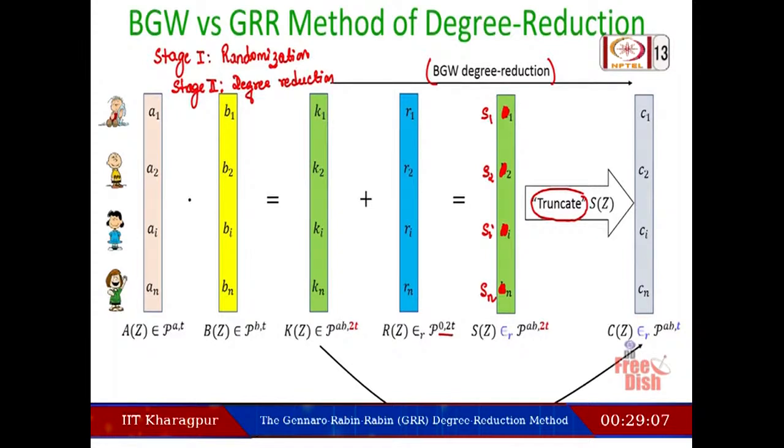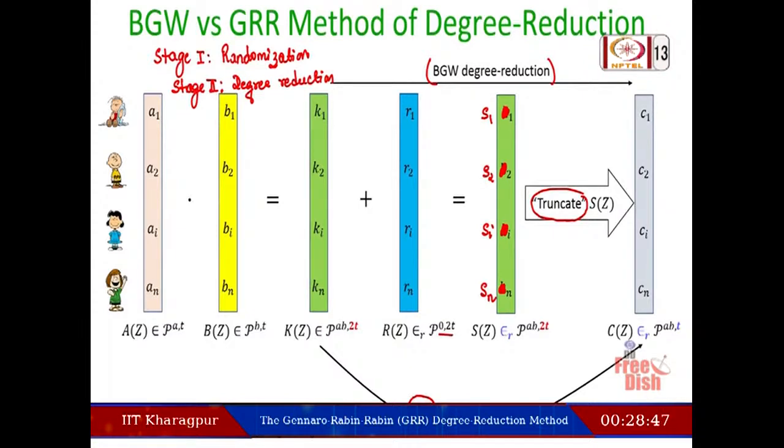Now, what the GRR degree reduction method does is the following: it cleverly combines both these 2 stages in a single stage. It does the randomization plus the degree reduction together, and that is why it is more efficient.